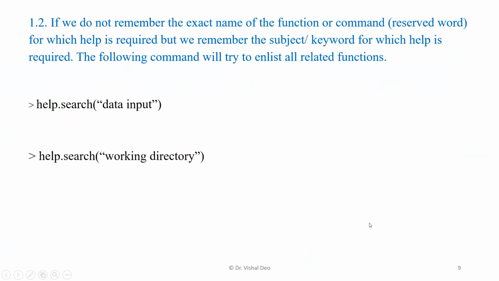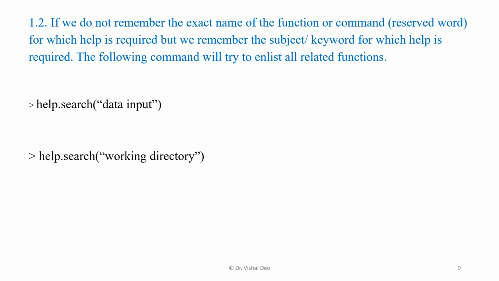Another way to get help: suppose you don't remember the exact name of the function, but you remember some purpose of the function. Say we wanted help on working directory. We don't remember the name getwd or setwd, but we know that the function was related to working directory.